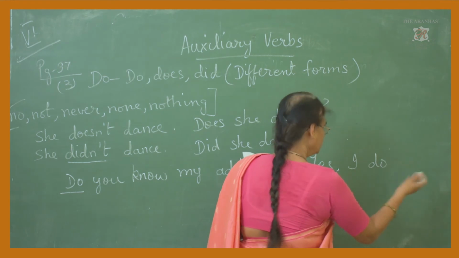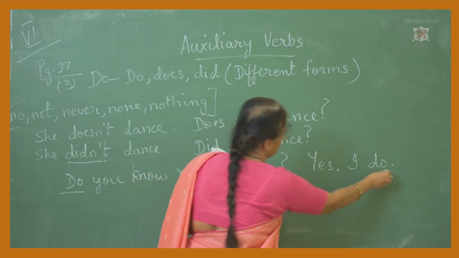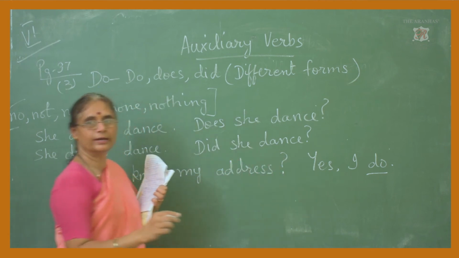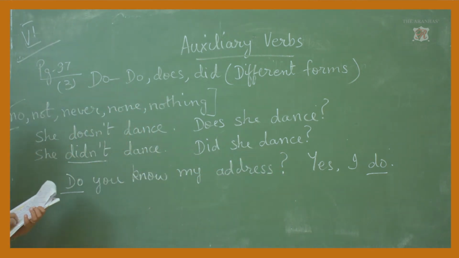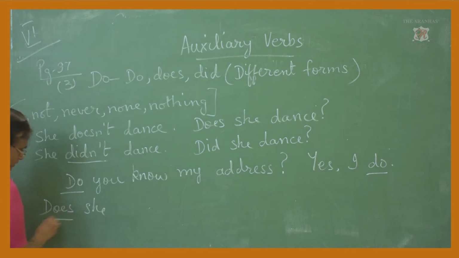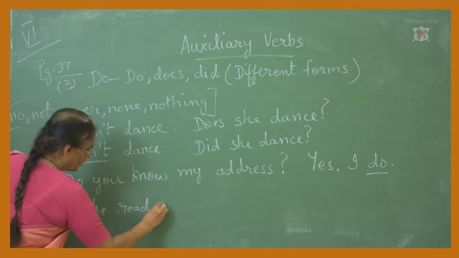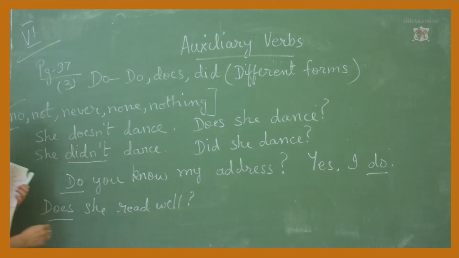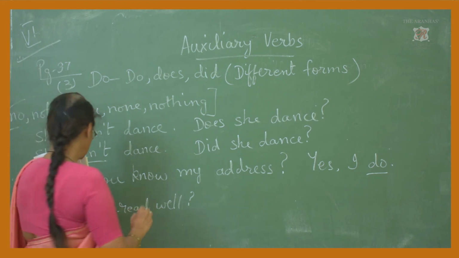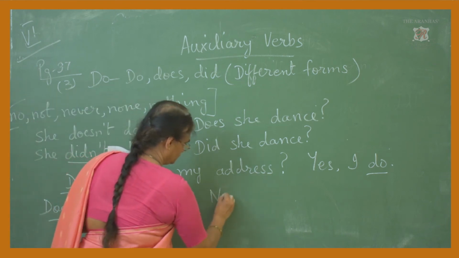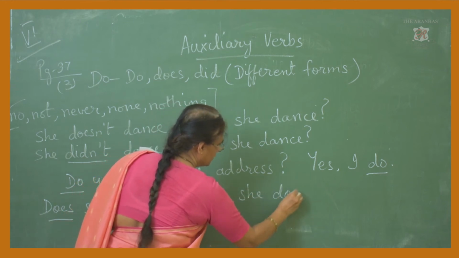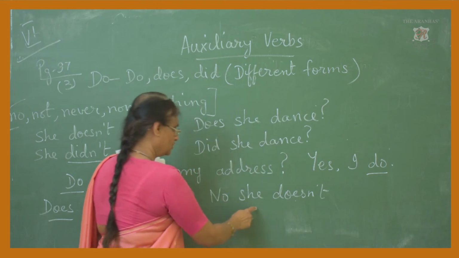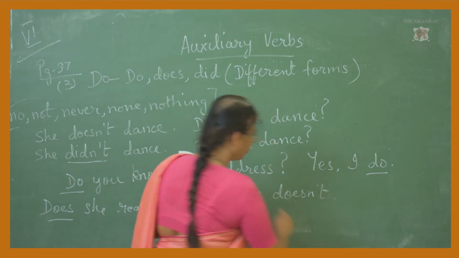I do means, yeah, I know. Okay? Here again we are using the same auxiliary for the answer, the different form of do. Next. Does she read well? Question mark. Interrogative sentence. No, she doesn't. It is a negative word. No, she doesn't. Does not, short form, doesn't.